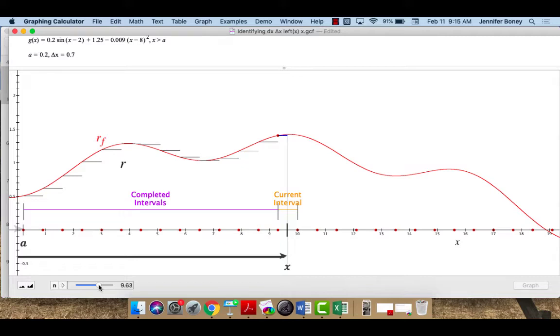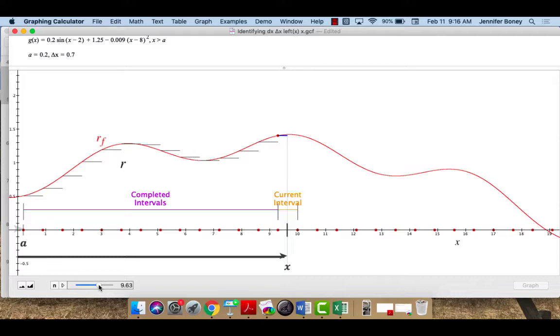So the difficulty here is that I hope you can see what the general process is. In the context of distance, it's rate times time, a whole bunch of different rate times time. In this case, it's a whole bunch of different rates times the length delta x. But I want to be able to express this in general. So there are two main tricky parts. A, how do I say in general how many full intervals I have?